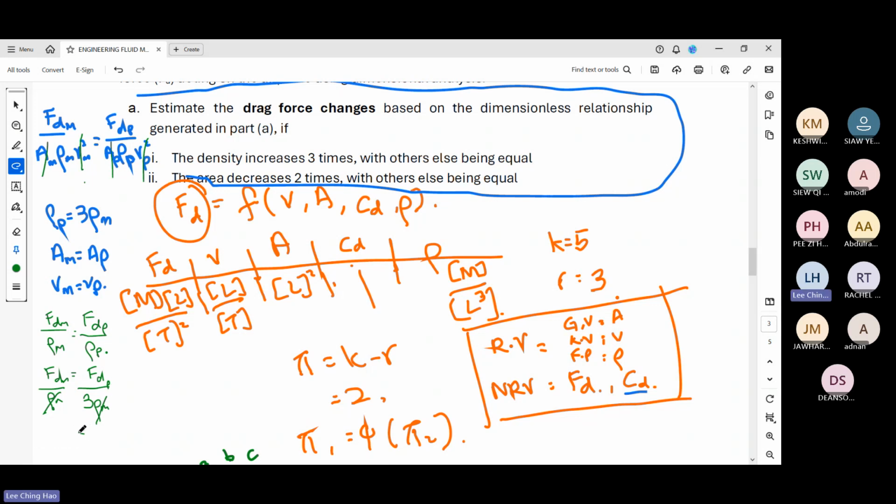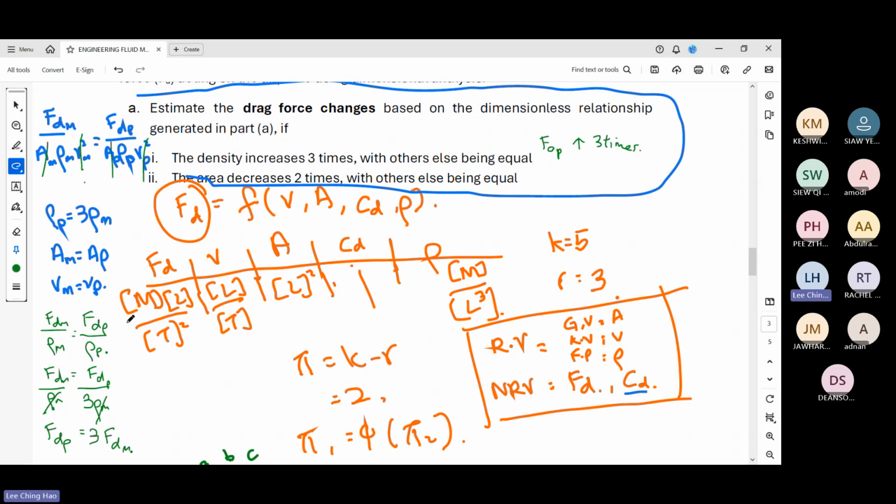Then it makes the drag force of the prototype 3 times. See, so this is the proper way. So that's why the drag force will increase 3 times, and this is the proof. Same thing goes with another one.